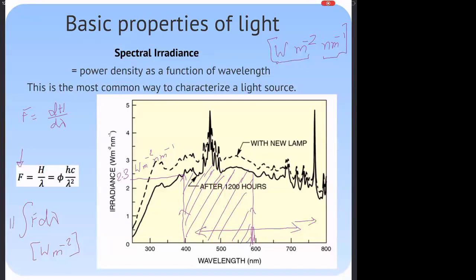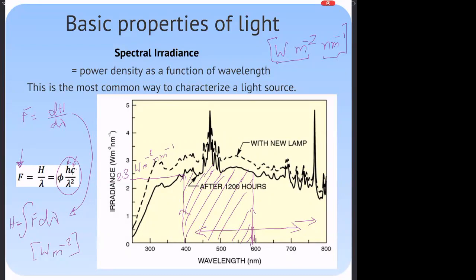So this is H. Of course, for simplicity, we'll just write it as a discrete term right here, which is good enough for many applications. And of course, you can plug in H is phi divided by hc over lambda, and that's where you get the second part of the equation. Okay. So again, keep in mind that the spectral irradiance is now dependent on wavelength. Now, remember Planck's constant h and the speed of light c are both constants, right? They're universal constants, they don't change.